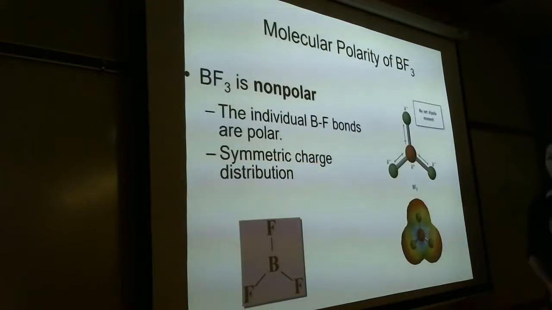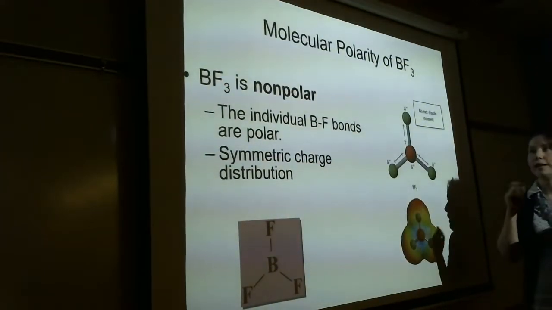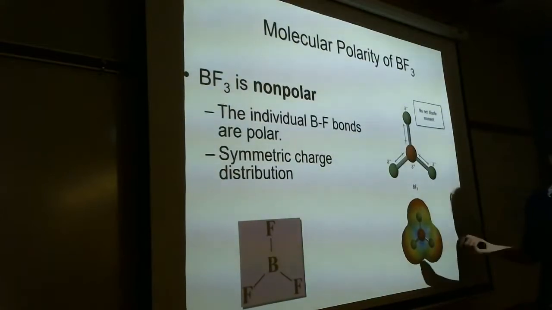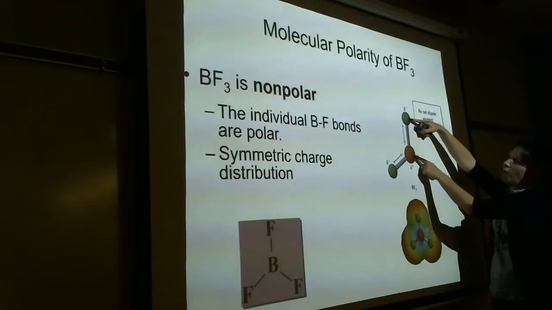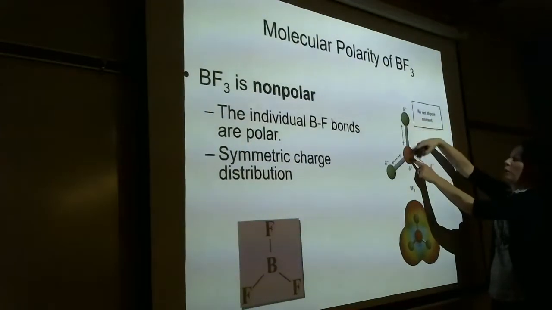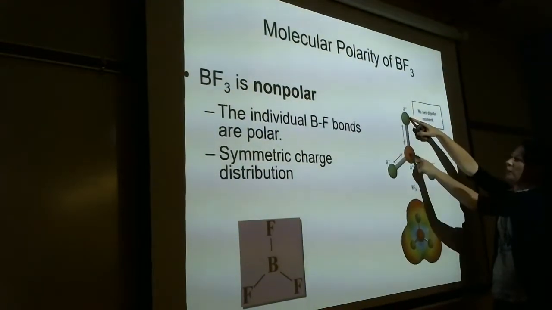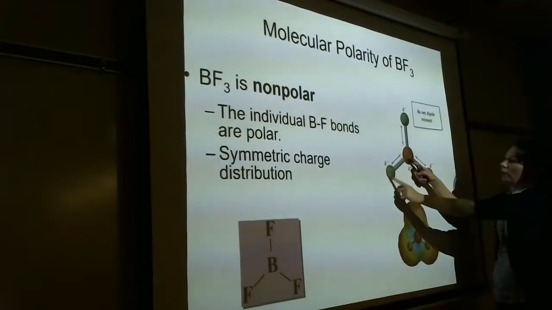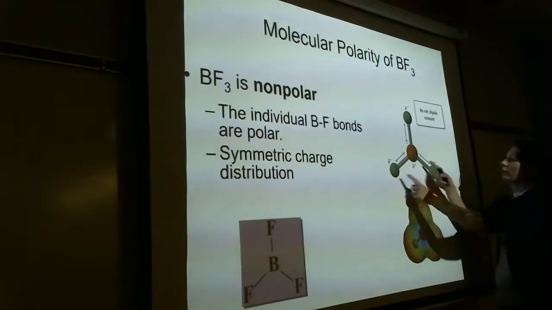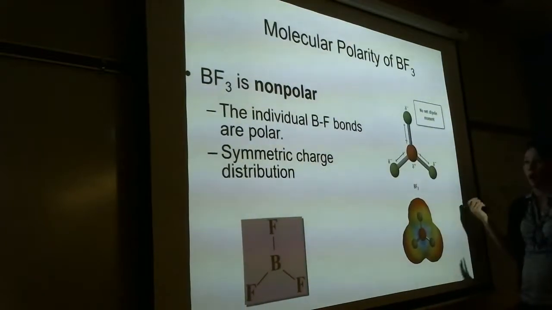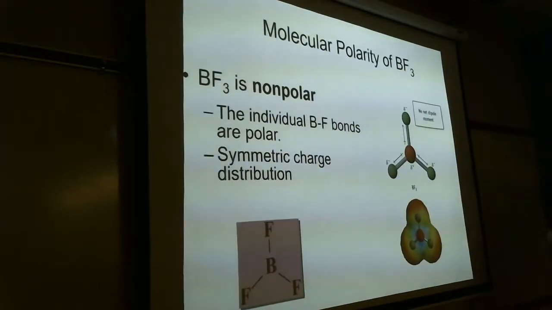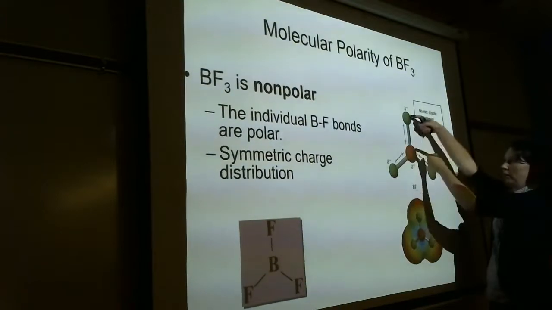All right, boron trifluoride is also nonpolar for the same reason, okay? So a boron-fluorine bond is polar, right? This is the negative, this is the positive. This one is polar, fluorine, fluorine, fluorine, right? So this is this one, this one, this one. Those three are all polar bonds, but they are equal to each other, right?